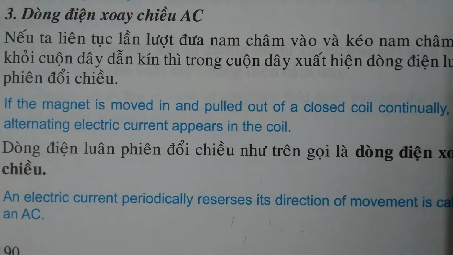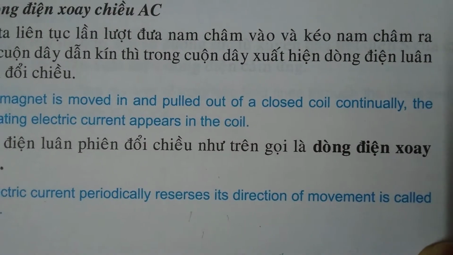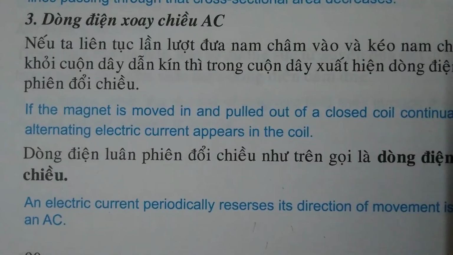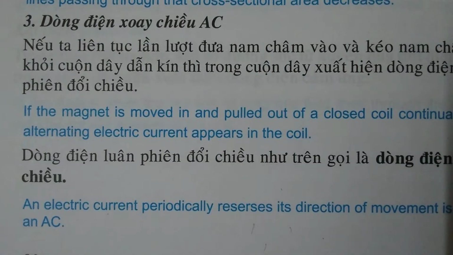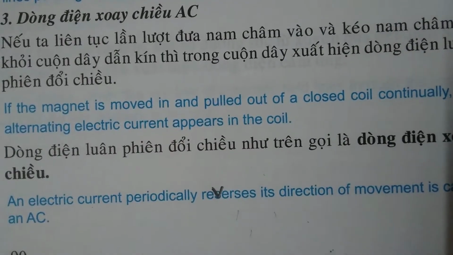An electric current that periodically reverses its direction of movement is called an AC, alternating current.